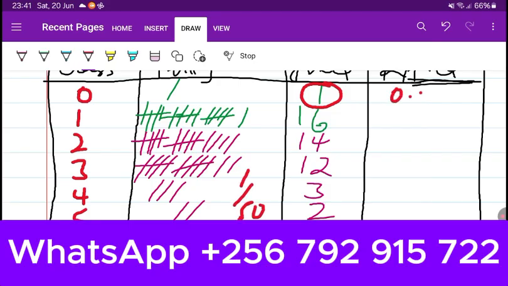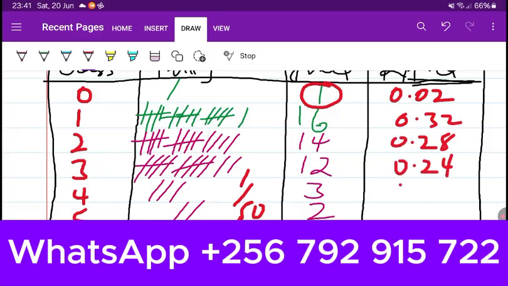It will be 0.02. Then you get 16 over 50, because it is the frequency of that class divided by the total frequency or the total observation. So this is 0.32. This one is 0.28. This one is 0.24. This is 0.06.